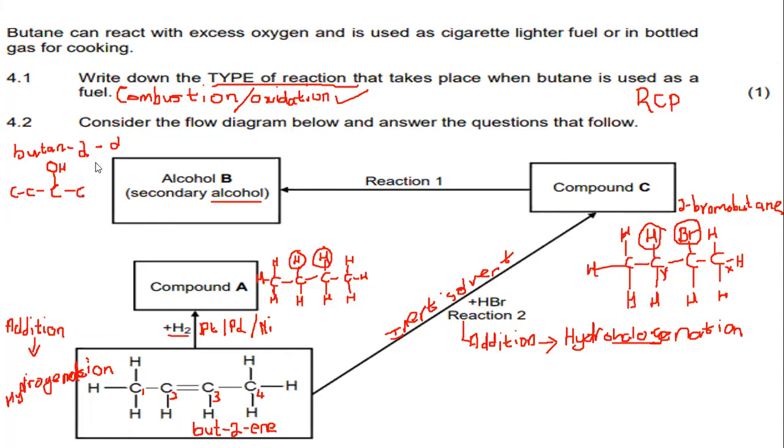Butan-2-ol. So firstly, it forms an alcohol. So I know that I must have an OH, which is alcohol. Then it means this hydroxyl group has to be on carbon number 2. Why? Because the carbon that is carrying the hydroxyl group must be bonded to 2 other carbon atoms.